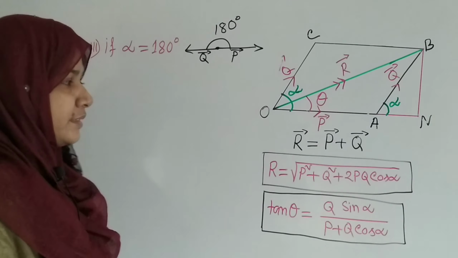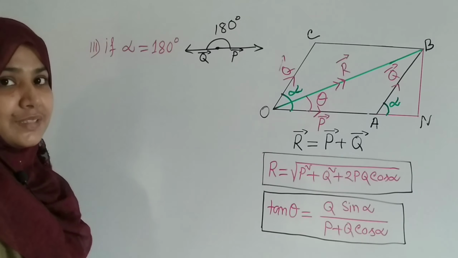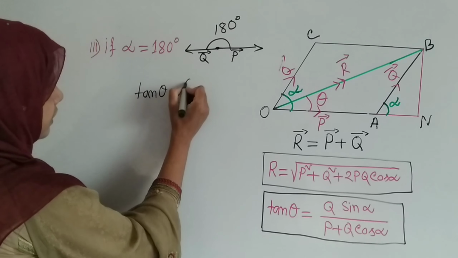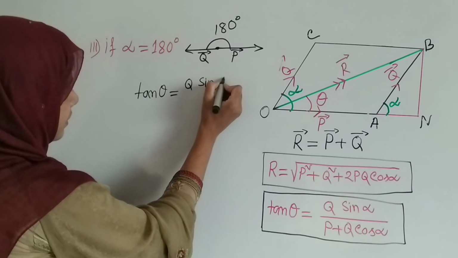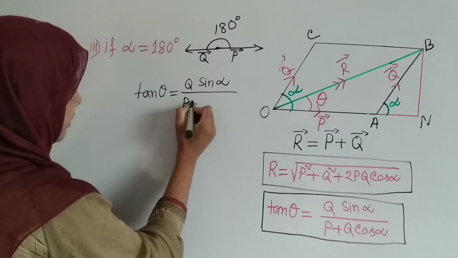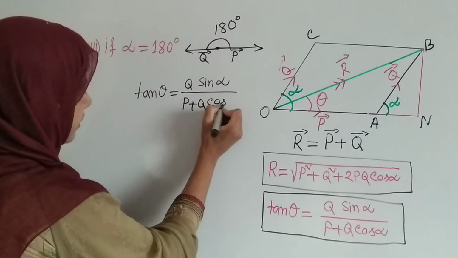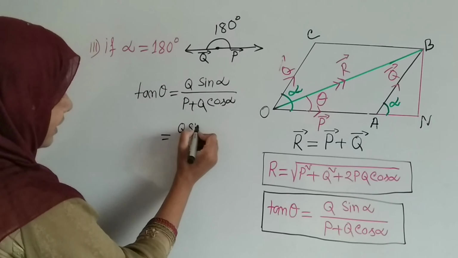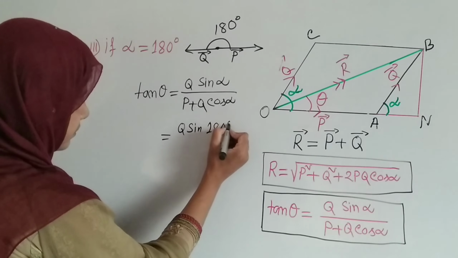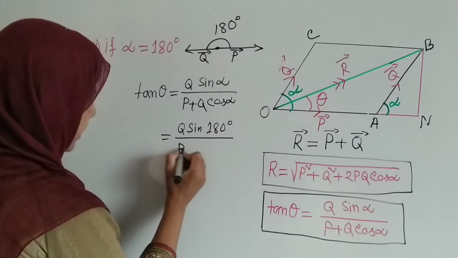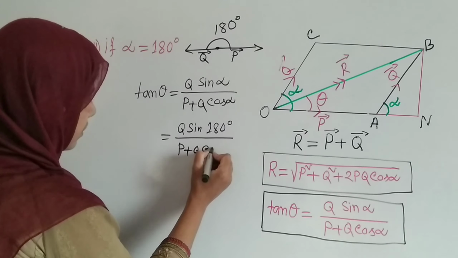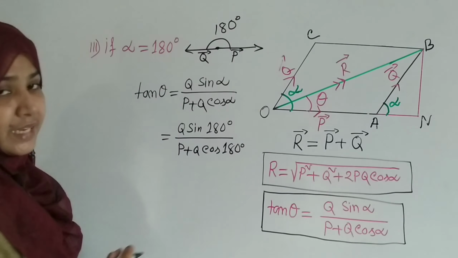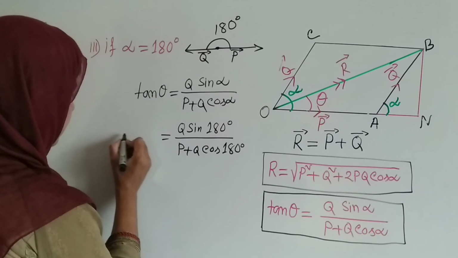The direction of the resultant when the vectors act in opposite direction. So tan theta equals Q sin alpha by P plus Q cos alpha. Instead of alpha, use 180 degree: P plus Q cos 180 degree, and the value of sin 180 degree is 0.